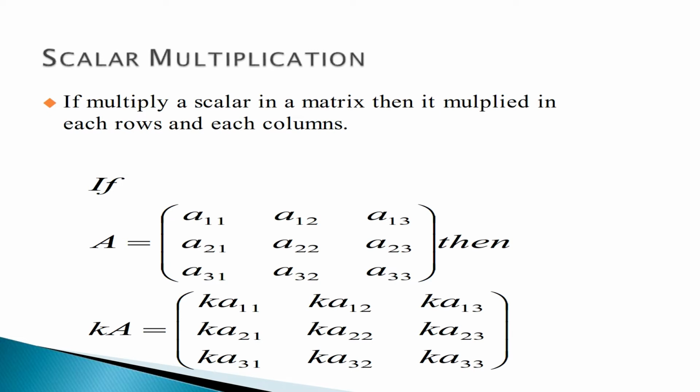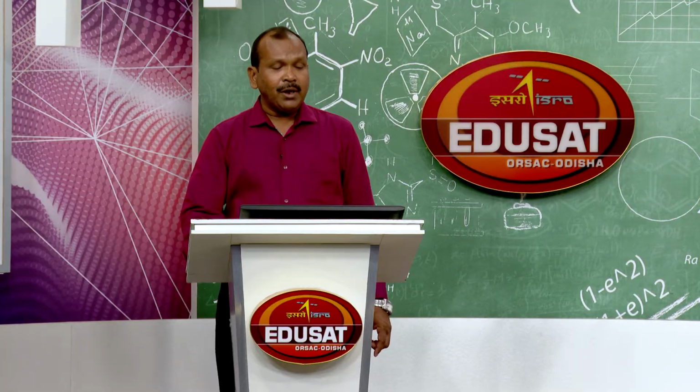Then kA, where k is a scalar, means k is multiplied into each element of the matrix, giving ka11, ka12, ka13, and so on. That is the scalar multiplication of a matrix.